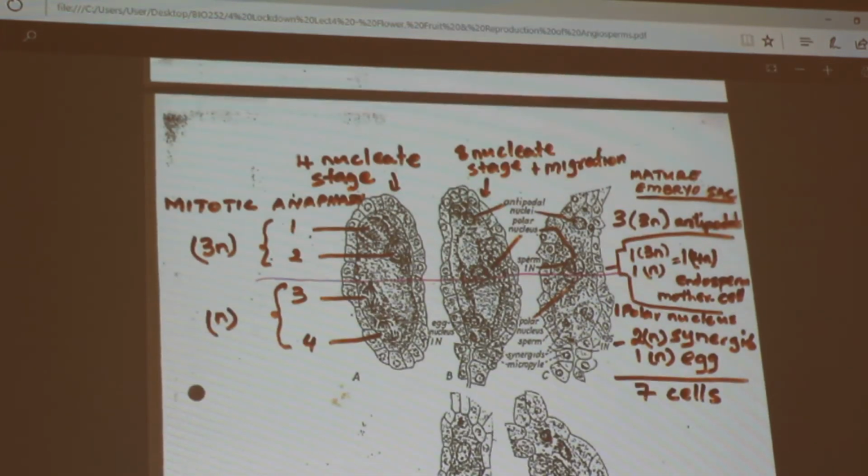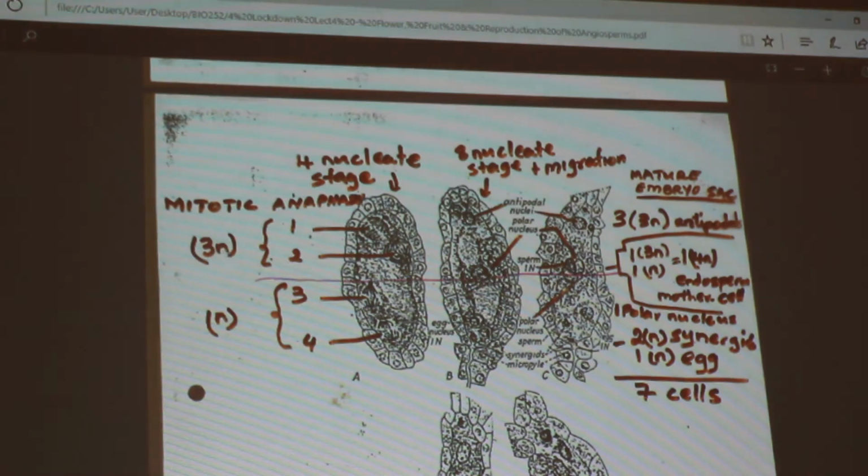Okay, let's continue. The division continues, like I told you earlier. These 2 will divide such that above here we will have 4 cells, and over here we'll also have 4 cells which are haploid, and here we have 4 cells which are triploid.